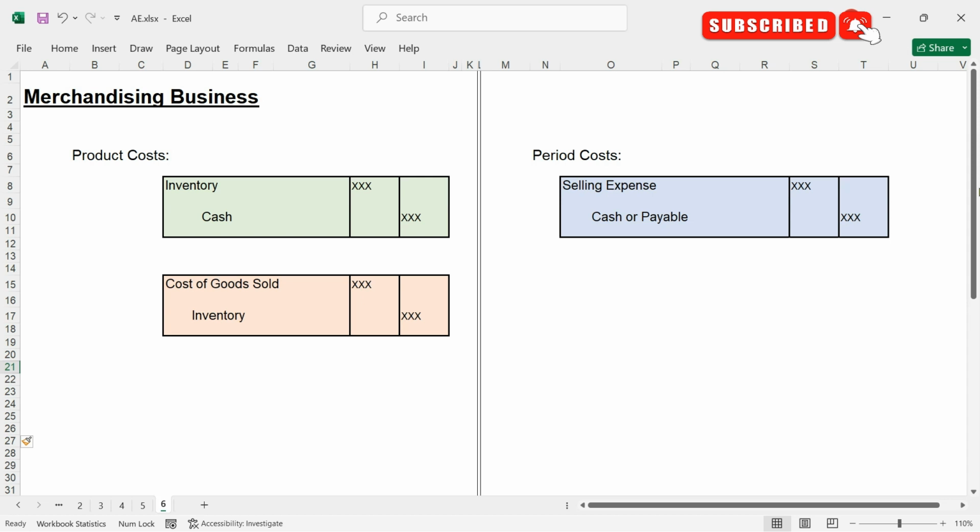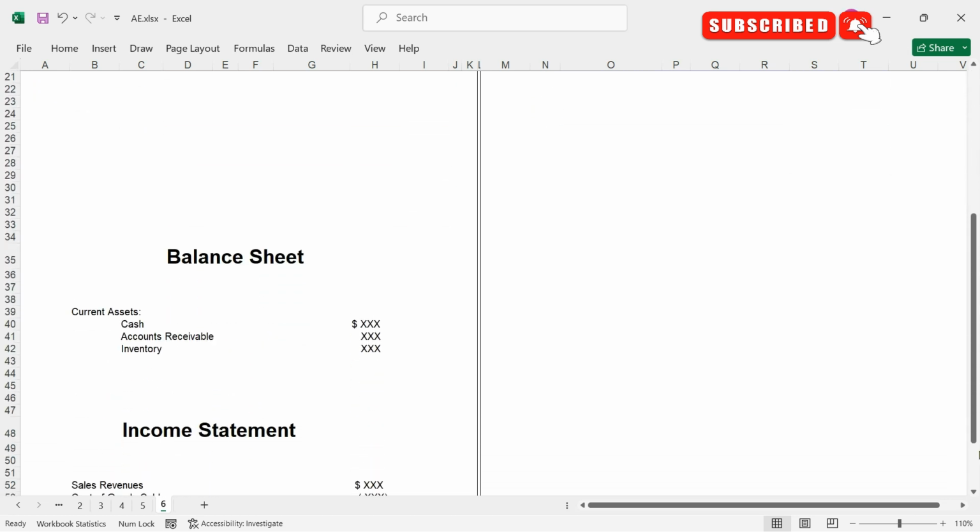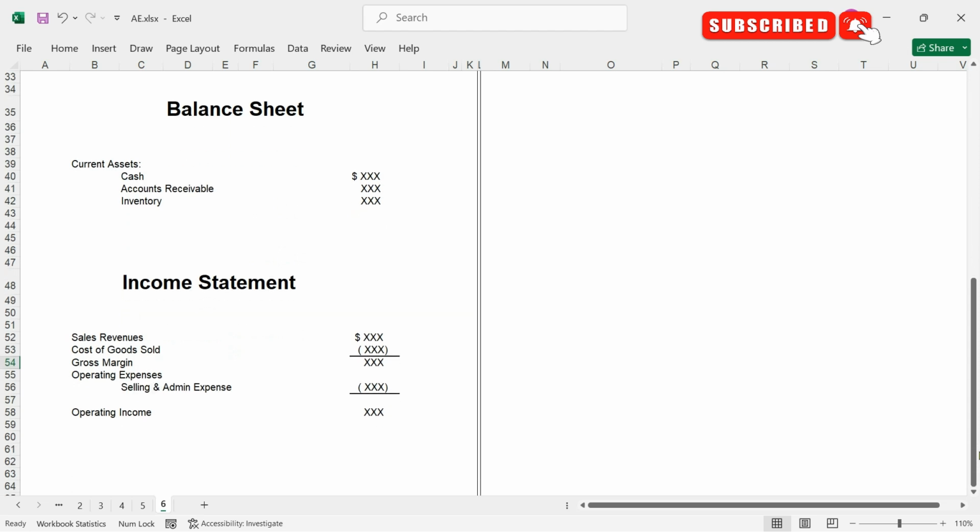If we were to look on the balance sheet of a merchandising business like Walmart and look specifically under the current asset section of the balance sheet, you will see the category of an asset called inventory. A company's product cost, the cost of their merchandise, is first reflected as an asset, inventory, on the balance sheet.